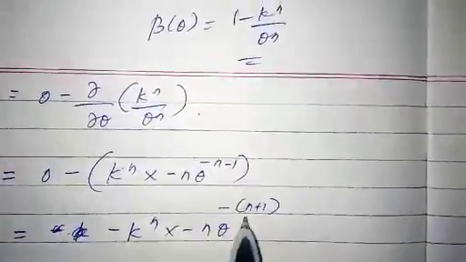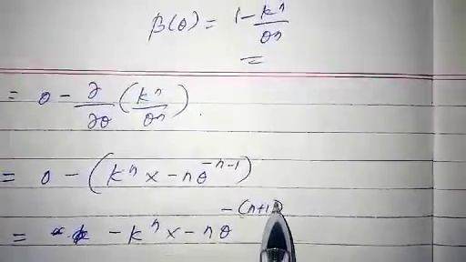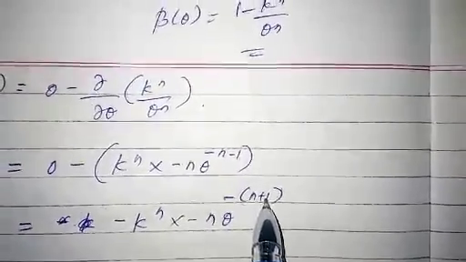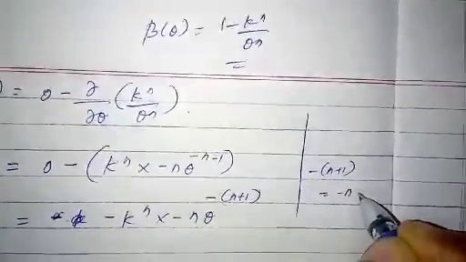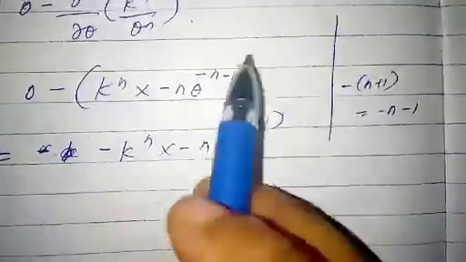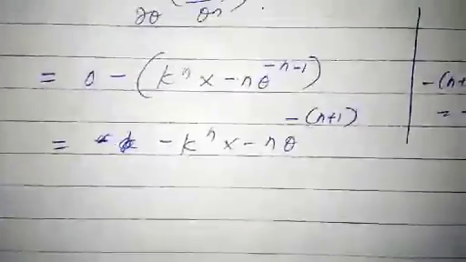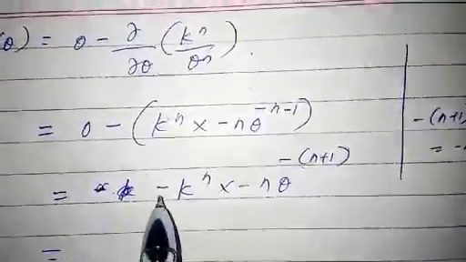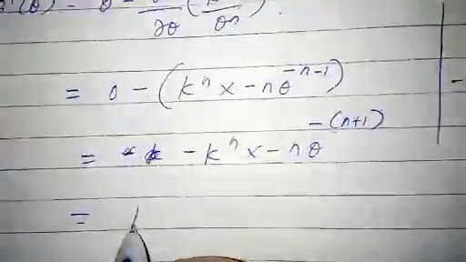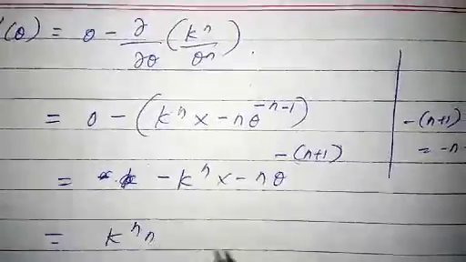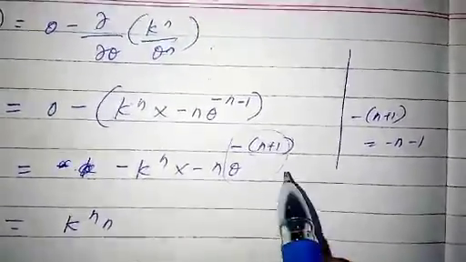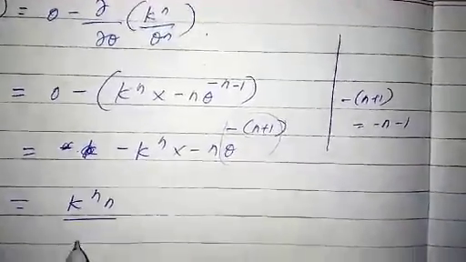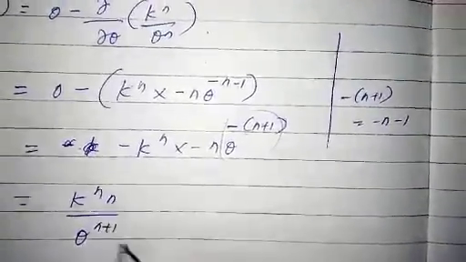Minus n minus 1 equal to minus of n plus 1, the same. So we can write it this way, which is equal to, here minus into minus is plus, right? Then k power n into n, and we can take this term here, that is theta power n plus 1, right?